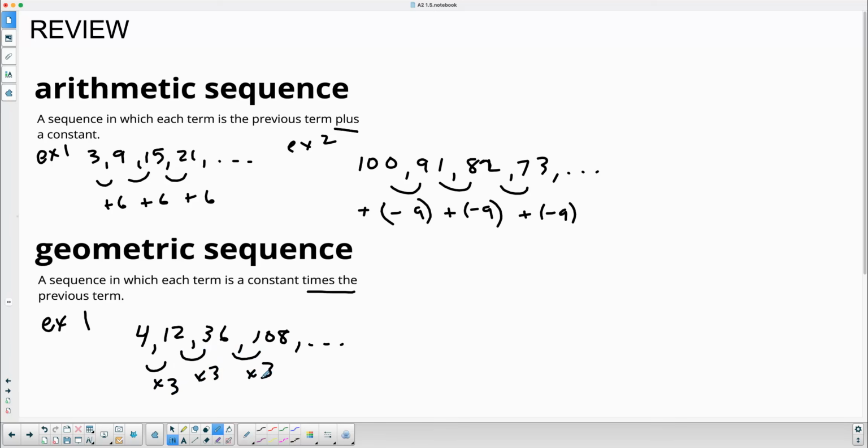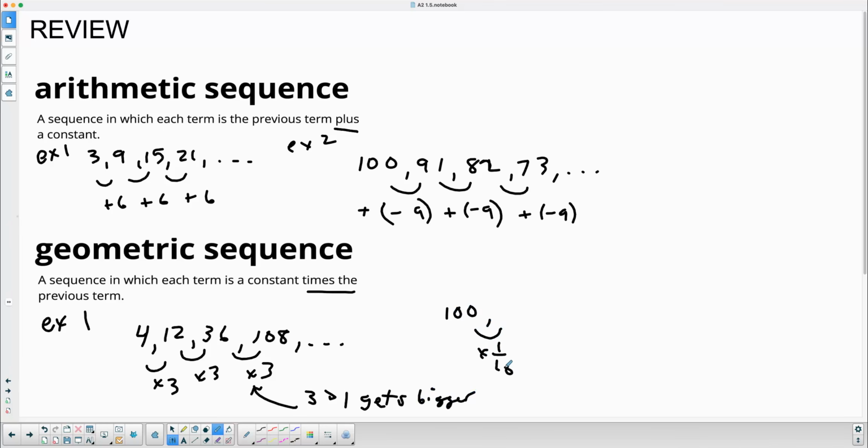Now, your sequence will keep getting bigger and bigger and bigger if the number you're multiplying by is greater than 1. So since this value here, 3, is greater than 1, it gets bigger. Now let's say I times this by 1/10.